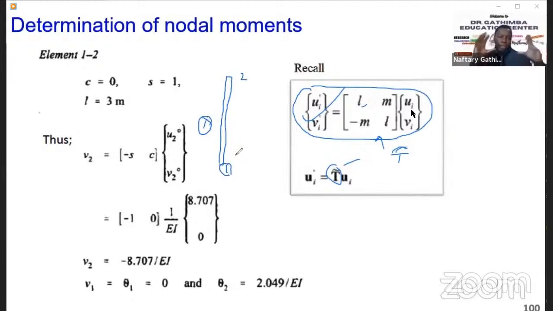So what we are saying is that for the beam, I want to take your mind from the frame to the beam element, because we just want to calculate the moment. In this case, this is node 1, this is V1 at the local scale, and this is V2, because this element is oriented in this direction.